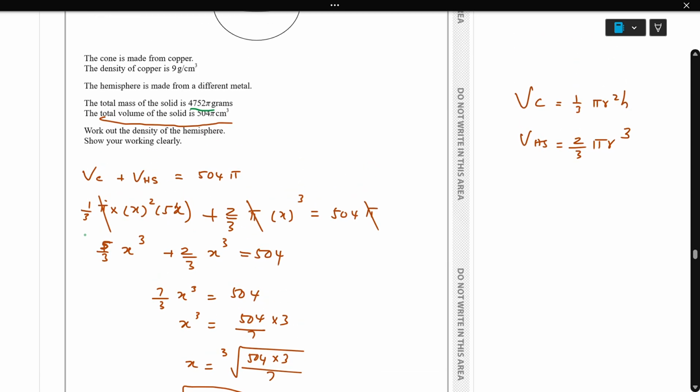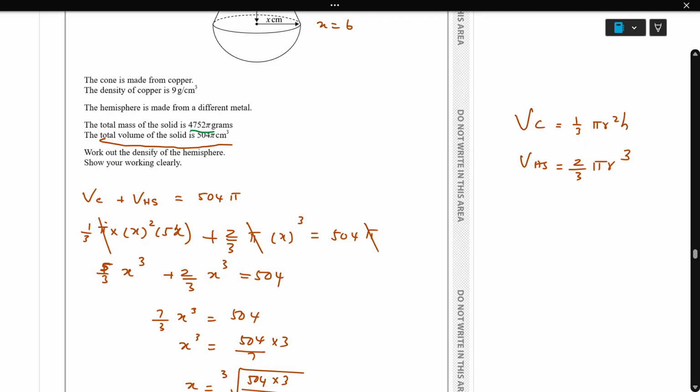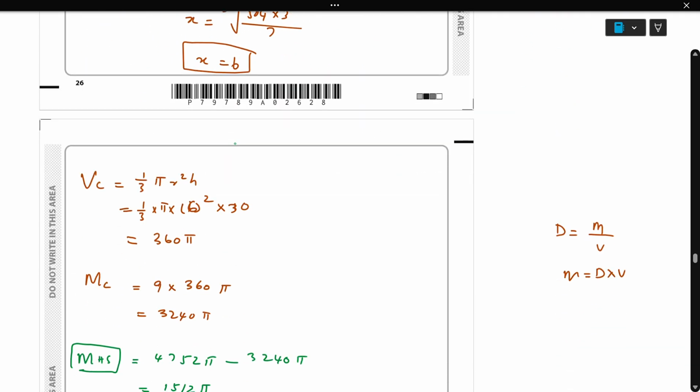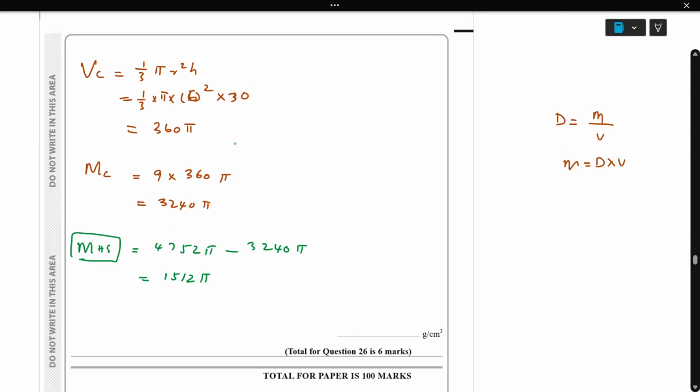Now we need density. So next, volume of the hemisphere. Total volume we already know is 504 pi, but we just calculated the volume of cone, so we'll take away this.